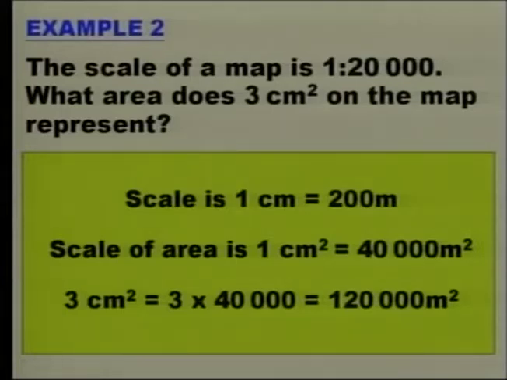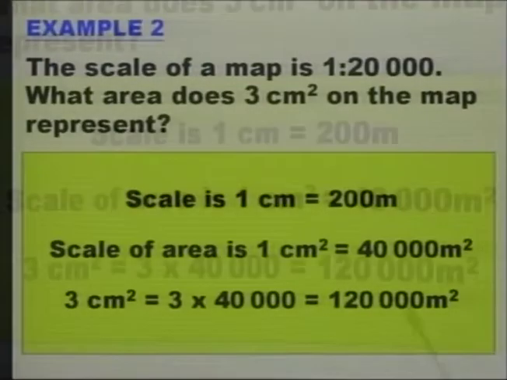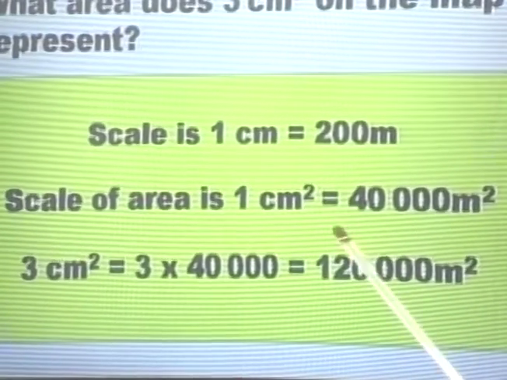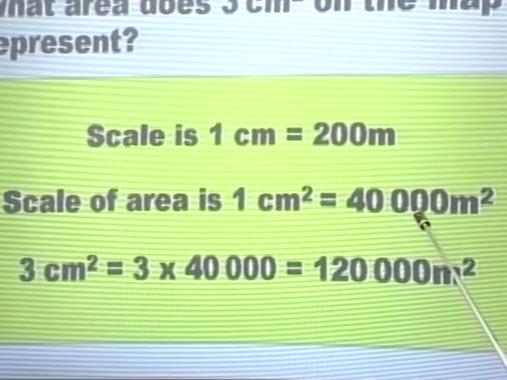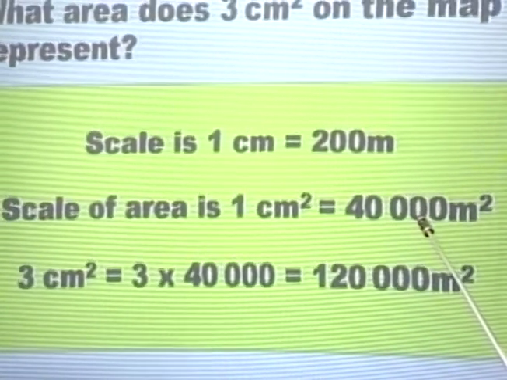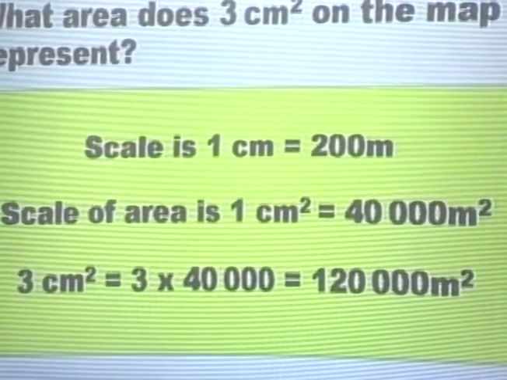To get from 1 centimeter to 1 square centimeter, I square that one and I get 1 by 1, which means you also have to square the other side. 200 times 200 is 40,000. So for every square centimeter on the map, it will represent 40,000 square meters on the ground.